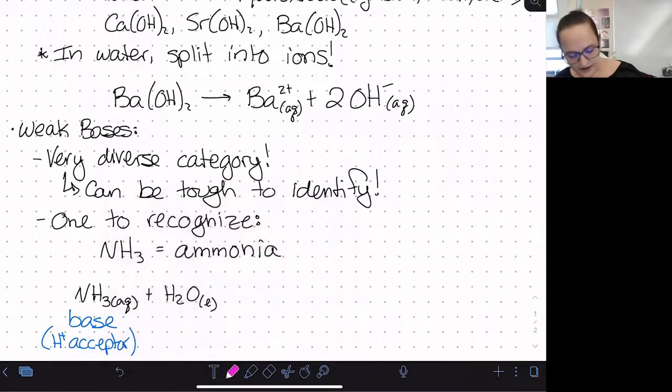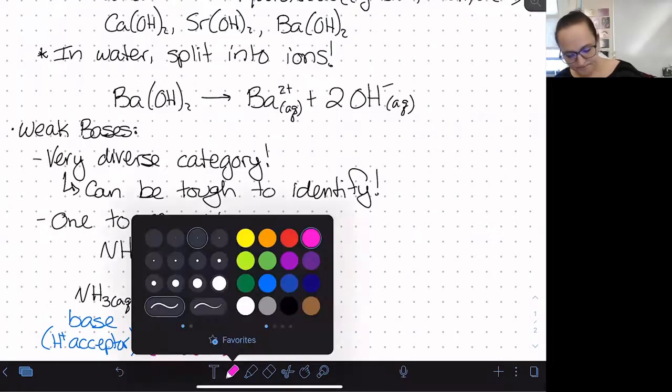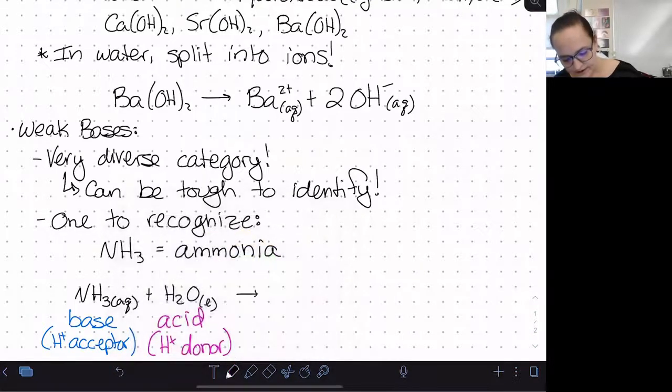And water, in this case, is going to be functioning as an acid, which we know is a proton donor. So in this case, the ammonia is stealing an H+ from the water. So when water loses H and a positive charge, it goes from having 2 hydrogens to only 1 and goes from neutral to negatively charged.